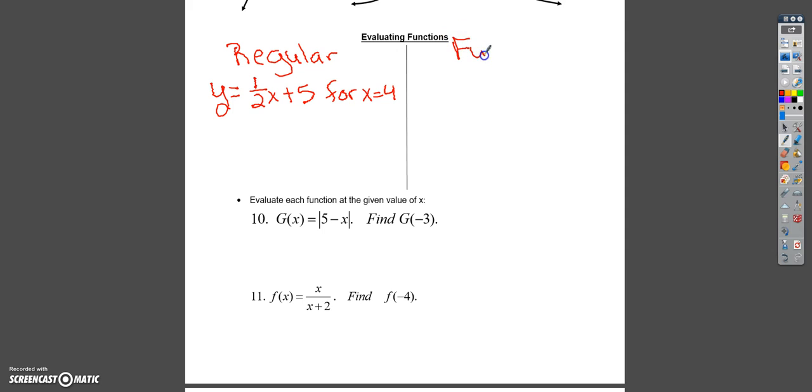Function notation is f of x equals 1/2 x plus 5.